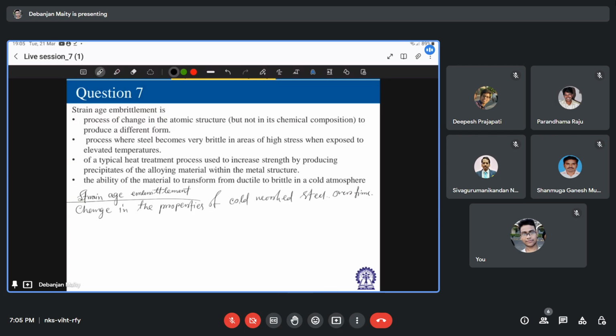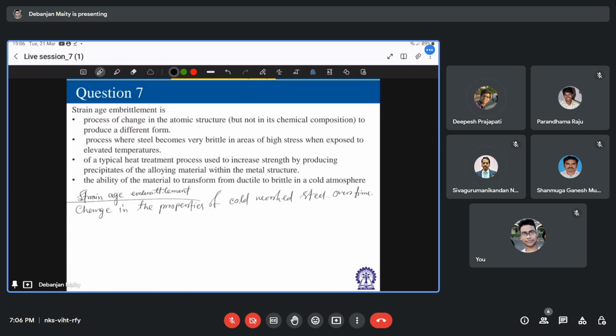So you apply some deformation-based process and you induce some internal stress into the structure. What are some cold working processes? Can you give me some examples? What cold working processes have you come across? Any kind of forming operation?